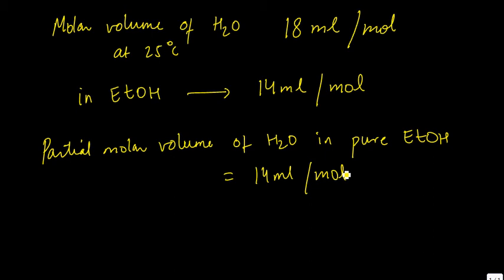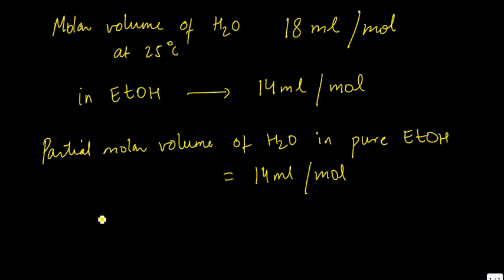Mathematically, I would describe this as the change in volume as the number of moles of water changes, keeping everything else constant. So when I've taken a huge quantity of ethanol, right, so ethanol is constant, and I've just added 1 mole of water. What is the resultant change in volume?